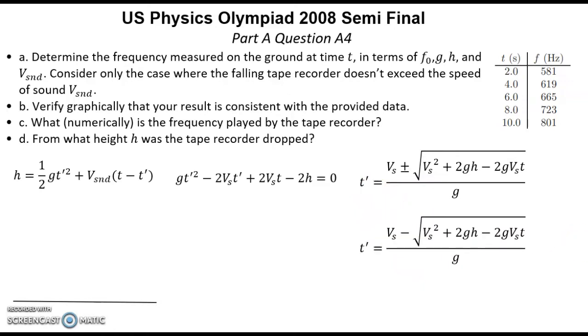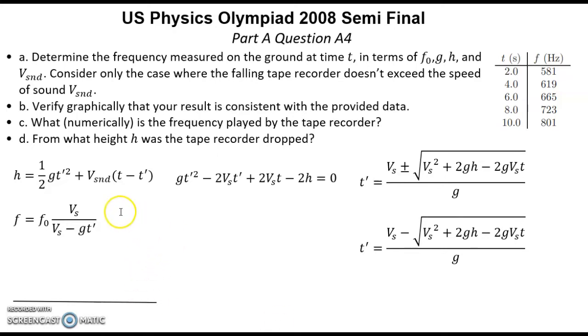And now let's use the Doppler formula, where we have to use time t prime, not time t. In that case, the Doppler formula looks like this. We have zero speed of the observer.